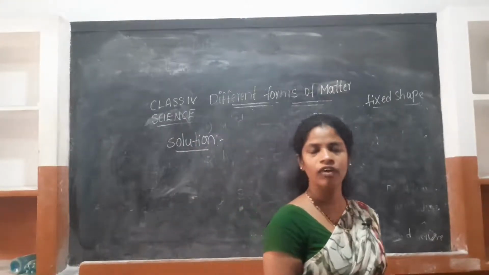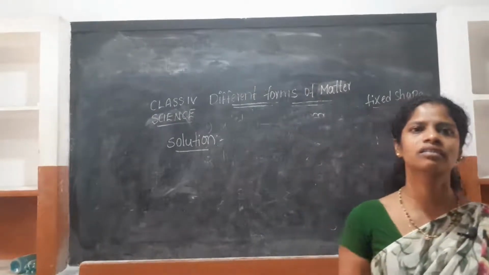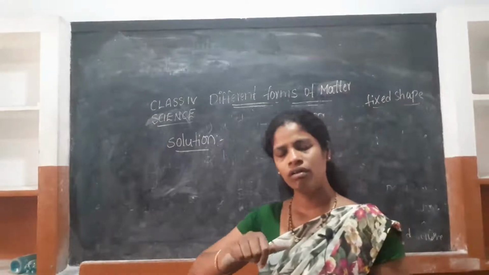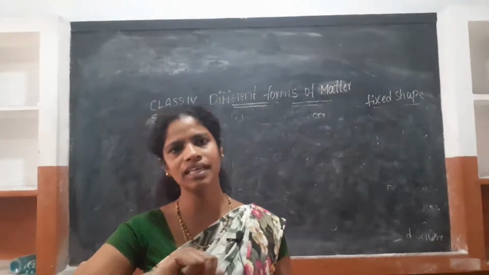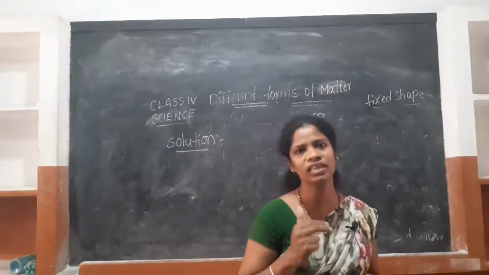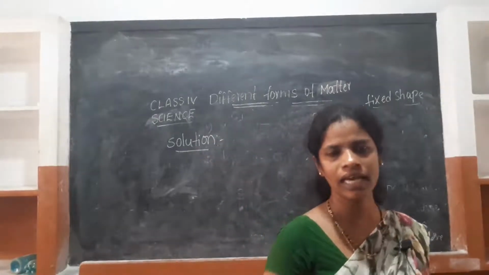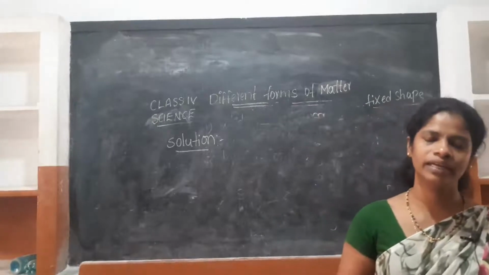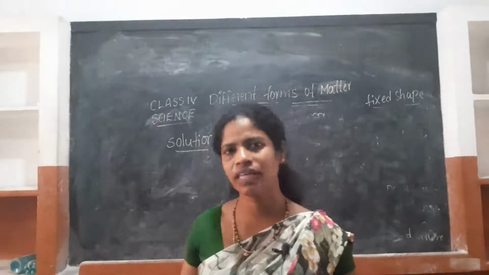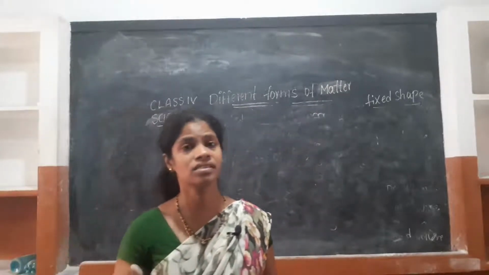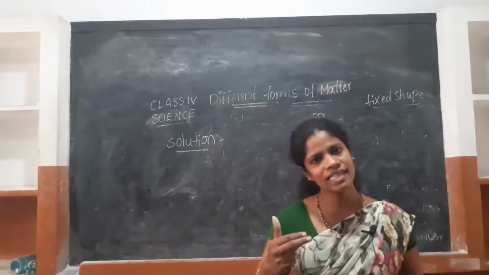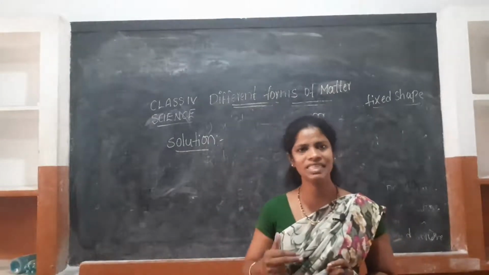Whenever you open the soda bottle, the carbon dioxide present in that water will come out. That means a gas is mixed with the liquid. And the fishes survive because oxygen is a gas, and the gas is mixed with the water, that means liquid.